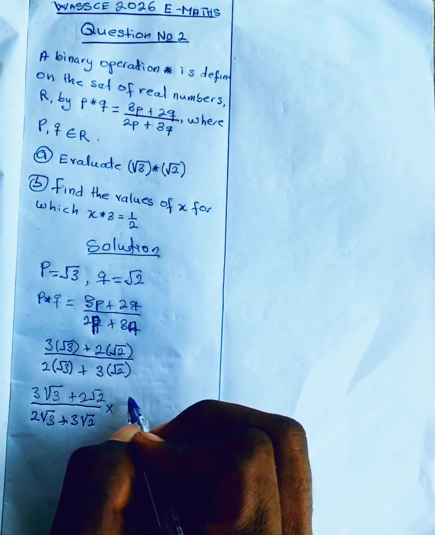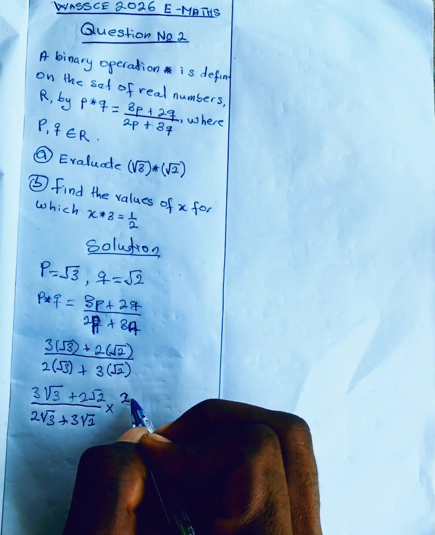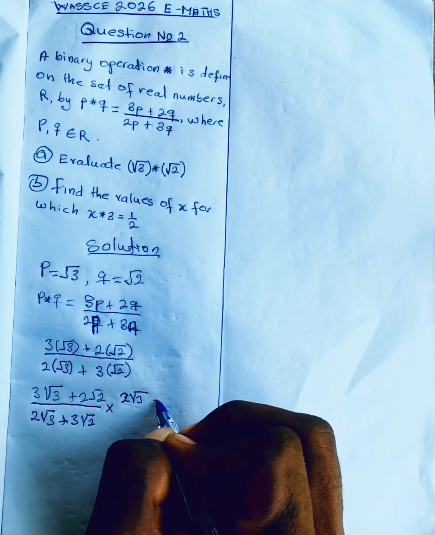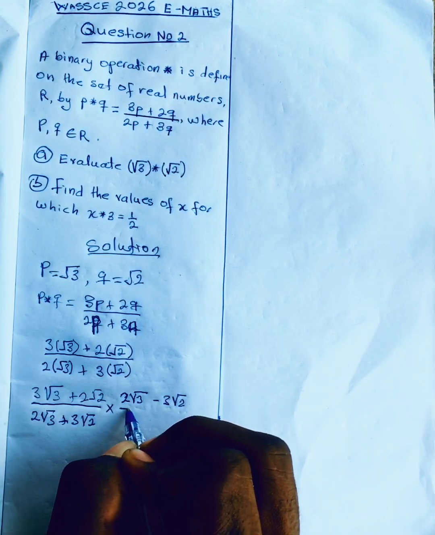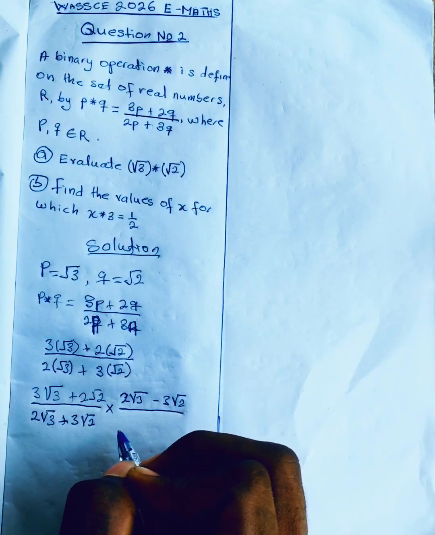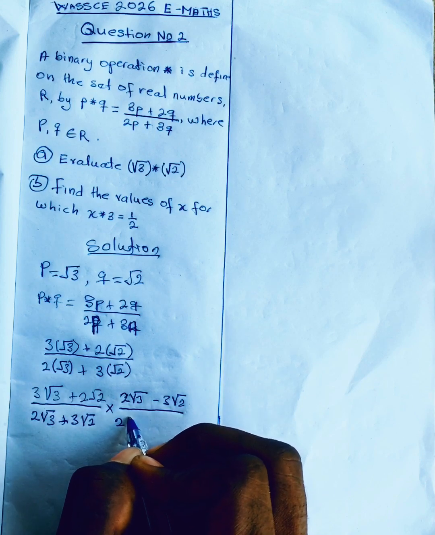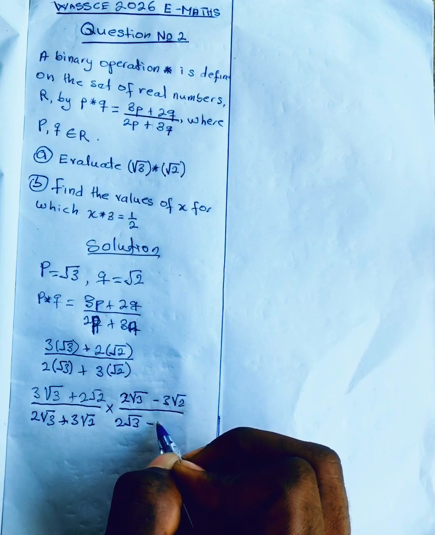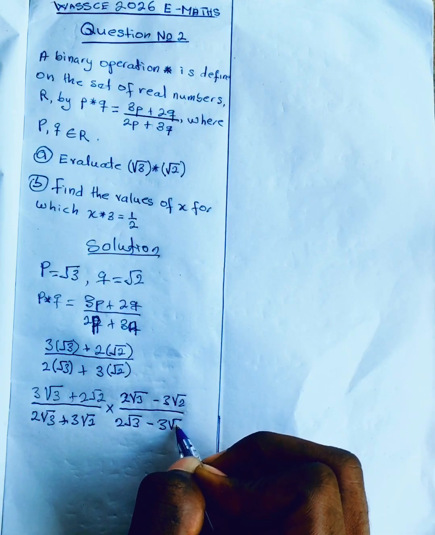So it will be (2 root 3 minus 3 root 2) over (2 root 3 minus 3 root 2).